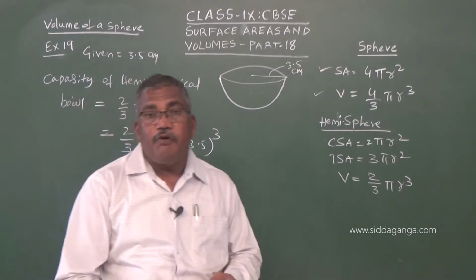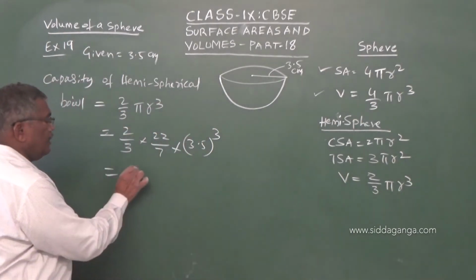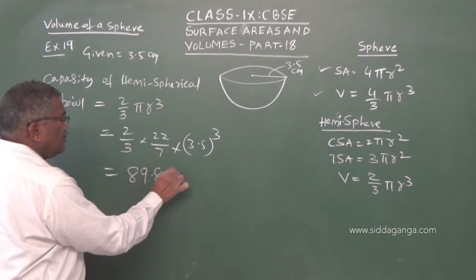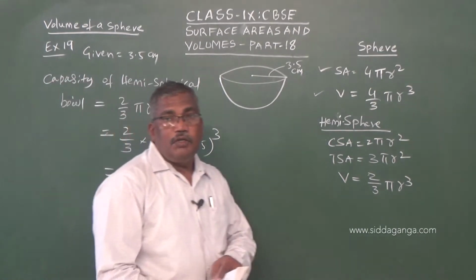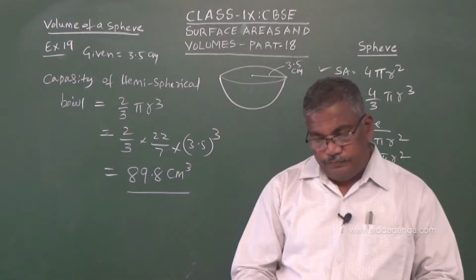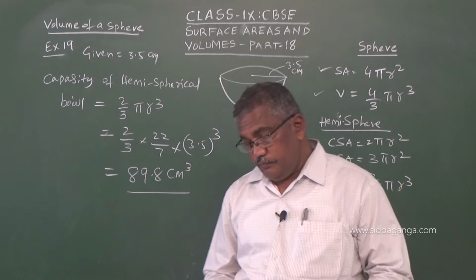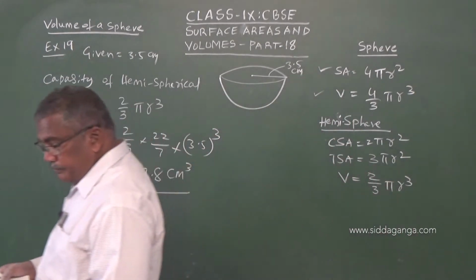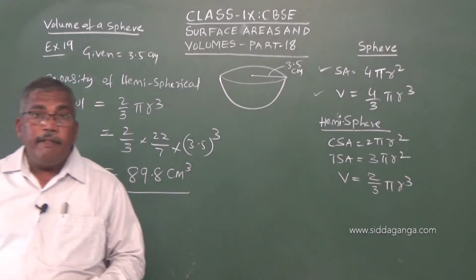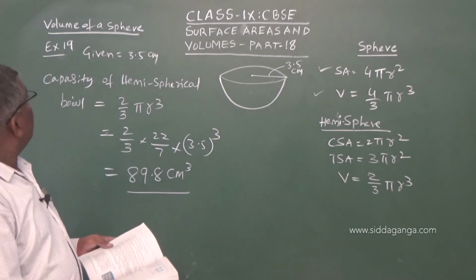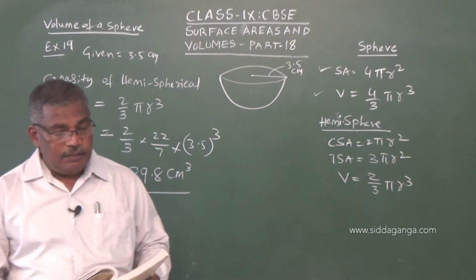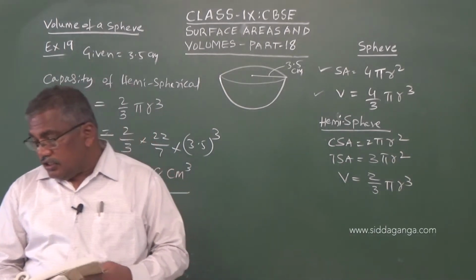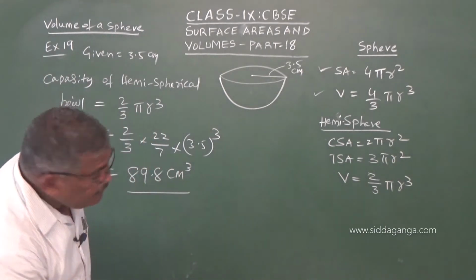So 89.8 centimeter cube. Of course, it is solved in your textbook. You can refer to the book also. So this is all about the solved examples. Now I will move on to the last exercise, that is exercise 13.8.